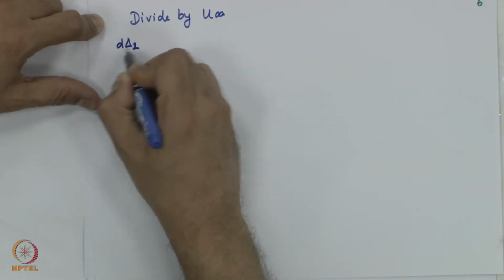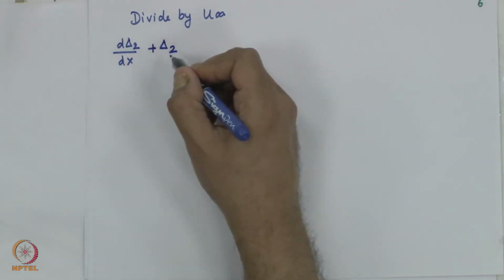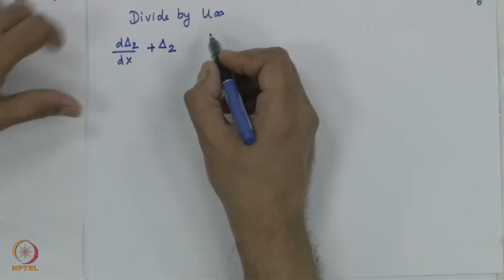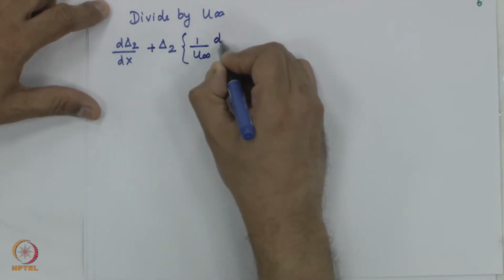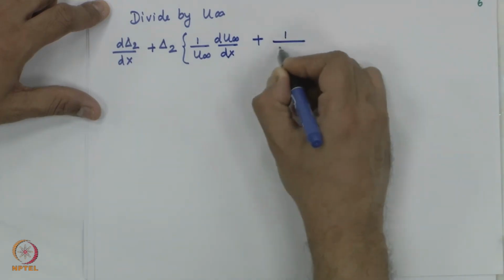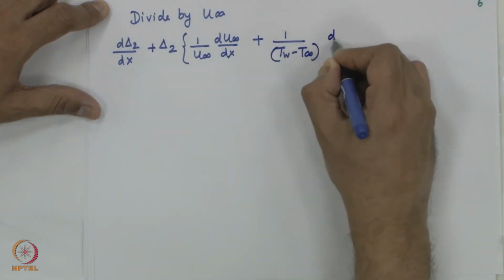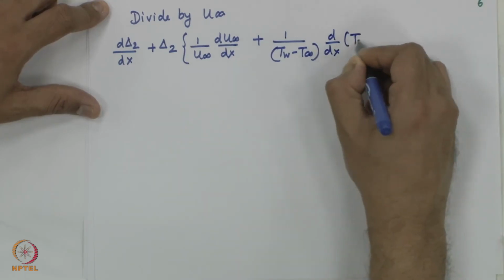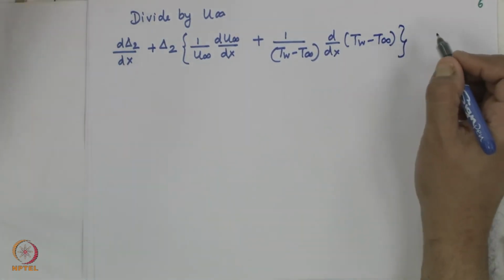I get d delta 2 by dx plus delta 2 times 1 by u infinity du infinity by dx plus 1 over T wall minus T infinity d by dx of T wall minus T infinity. This is my left hand side.